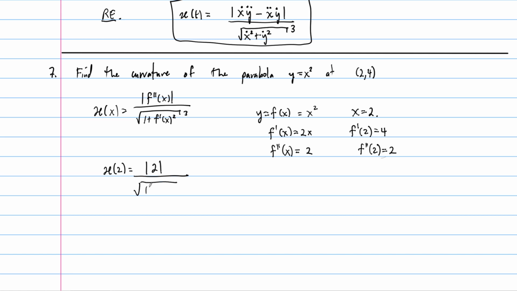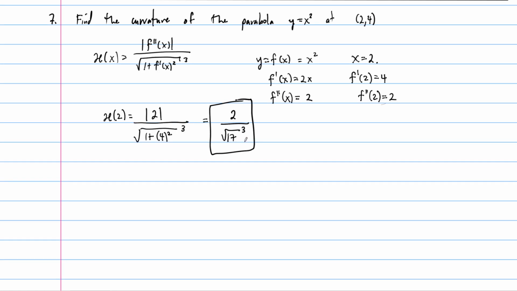Divided by square root of 1 plus f prime squared, so 4 squared, and then the whole thing cubed. And so this is just going to be 2 over the square root of 17, cubed. And we'll leave it like that. But there's the curvature of the parabola at x equals 2, at this point.